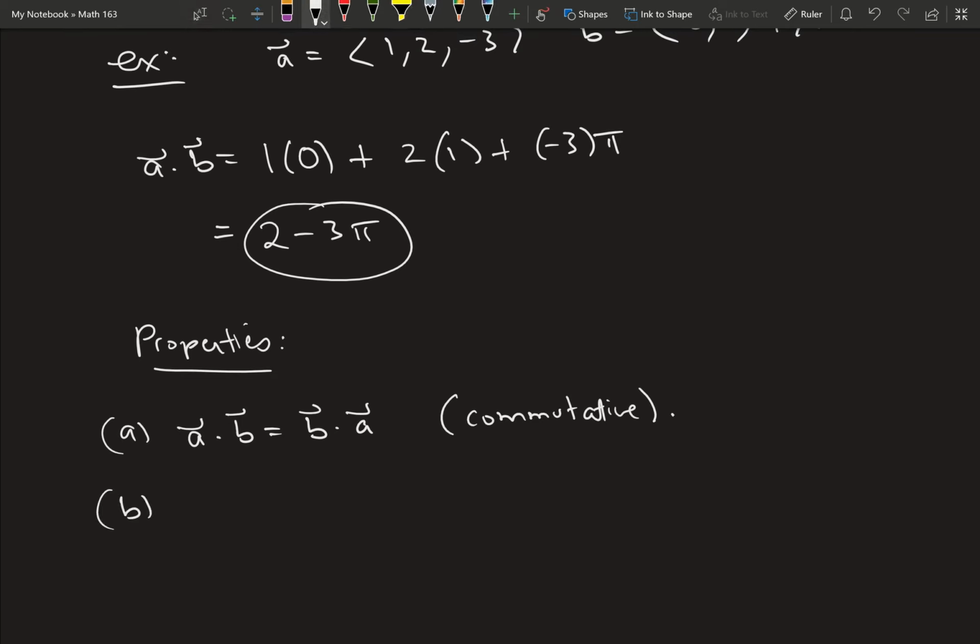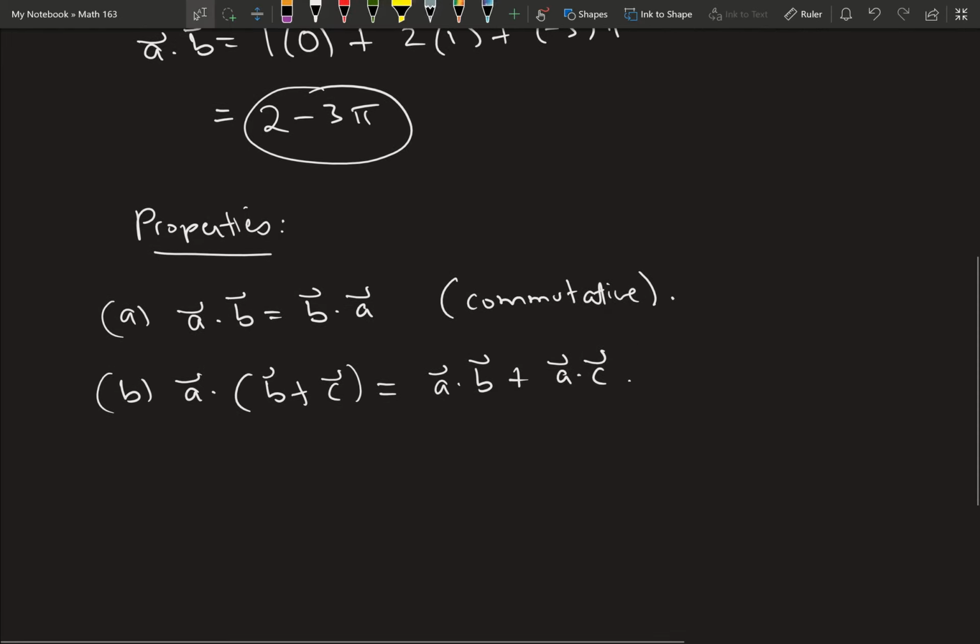Another important property is that if you have A and you dot it with the sum of two vectors, B and C, this is A dot B plus A dot C. So this is called a distributive property. And I'm not going to prove these, they're fairly straightforward.